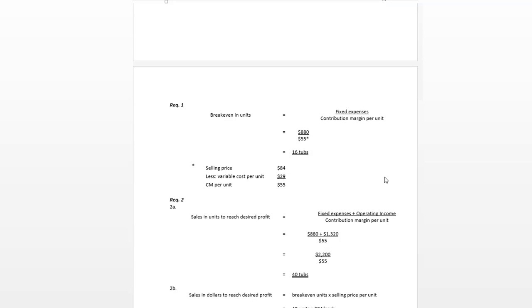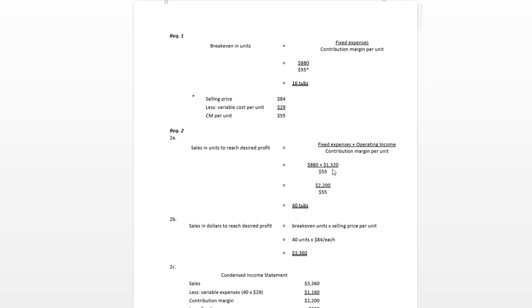So when we're looking to determine the sales volume with the desired profit, the operating income that we're looking at, what we're doing is trying to alter our break-even to accommodate the operating income. So all we're doing is changing our break-even formula to add in the operating income.